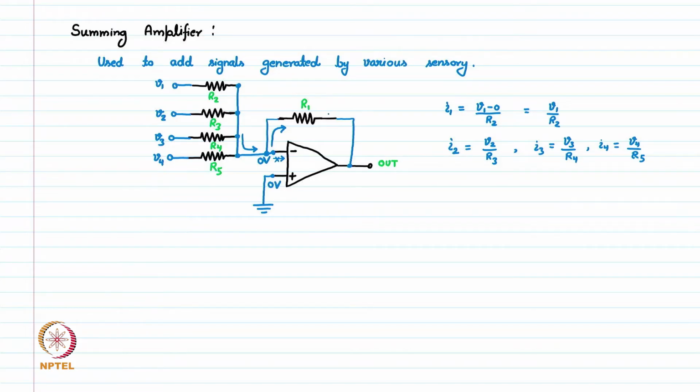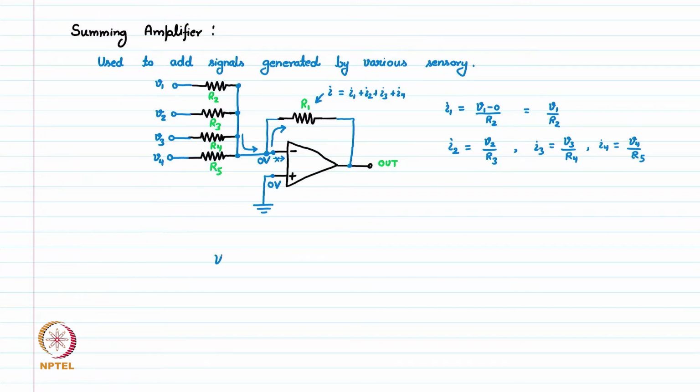So the current flowing into R1 will be I1 plus I2 plus I3 plus I4, and accordingly the voltage generated at the output will be this current I multiplied by R1.